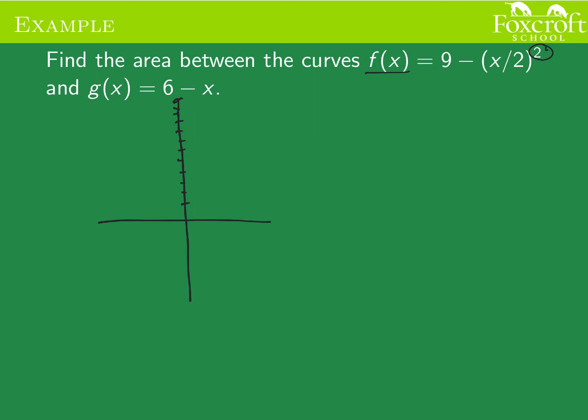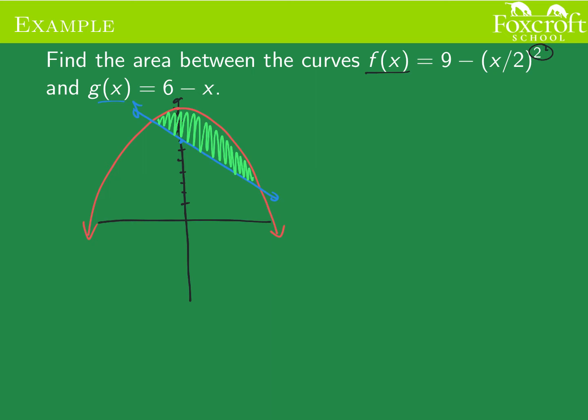It doesn't have to be exact. 6 minus x is a line, the y-intercept is 6 and the slope is -1. The area I'm trying to find is this section between the two curves.